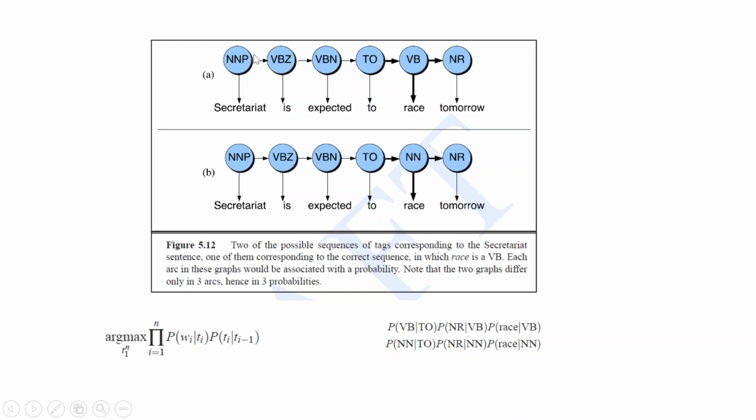So you have to find the probability of this word, Secretariat, given this tag, into the probability of ti given ti minus 1, and into the probability of this word given its tag, and so on for our sequence. But here we are only looking at this particular point where there is a difference.